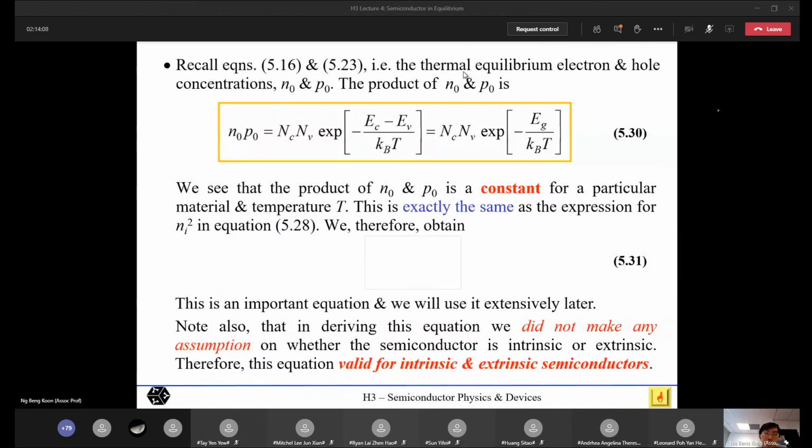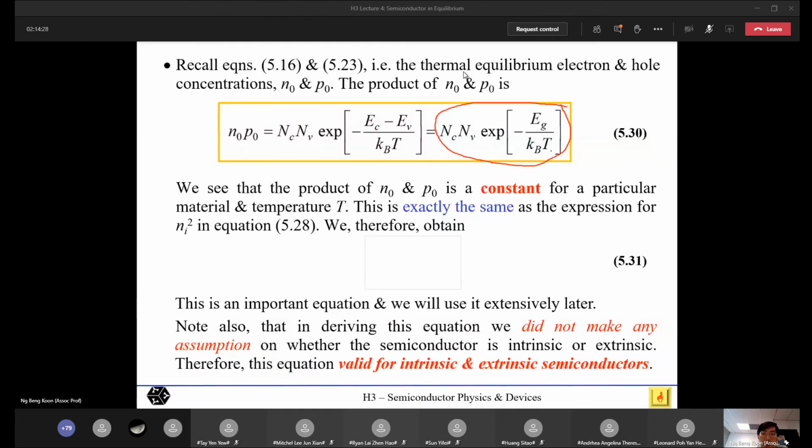Okay, so if you also use the electron and hole concentration for a general semiconductor, not just pure, that means you use N0 and P0 and multiply them together, then you find that it gives an expression that is the same as the pure semiconductor.